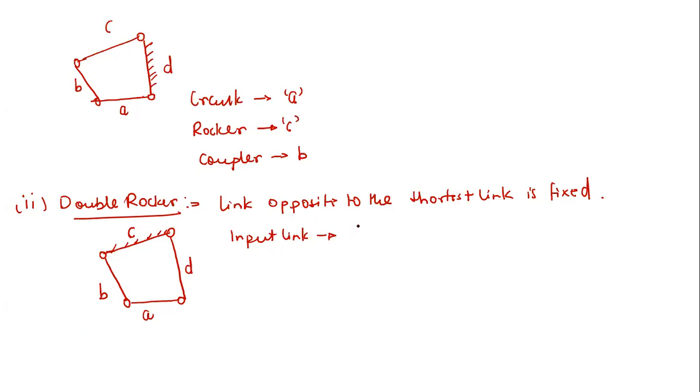So now here link B will be your input link, and now what could be the possible type of motion for this link B? So will it be just oscillating, or will it be making a complete rotation? So what do you think?